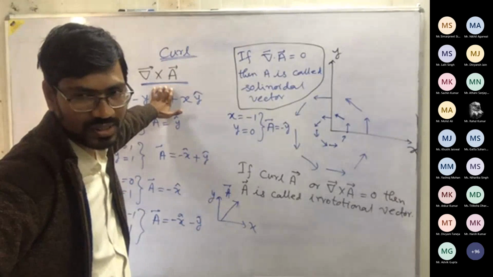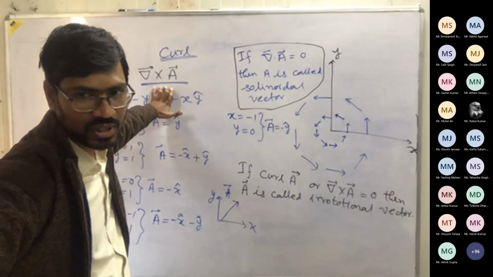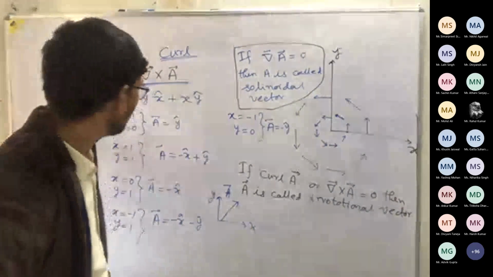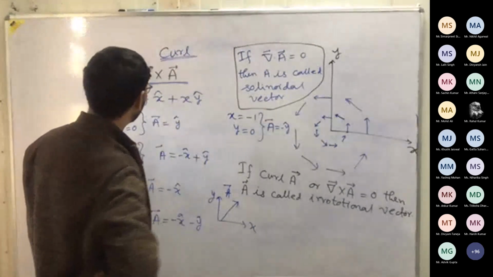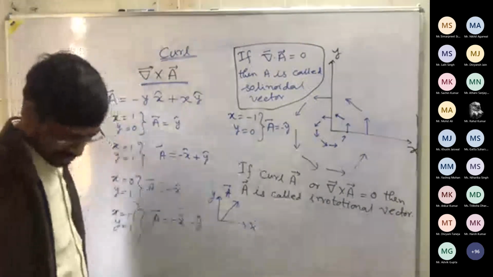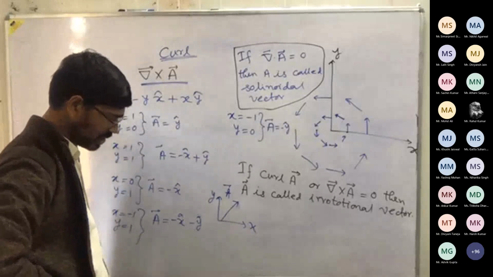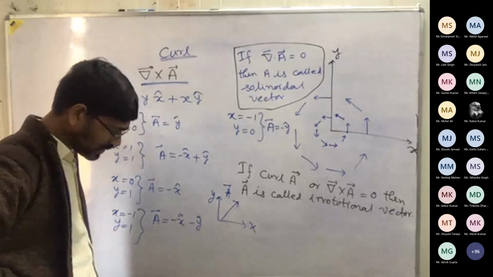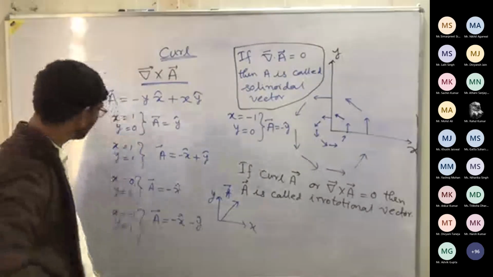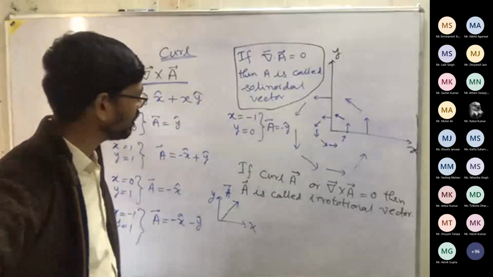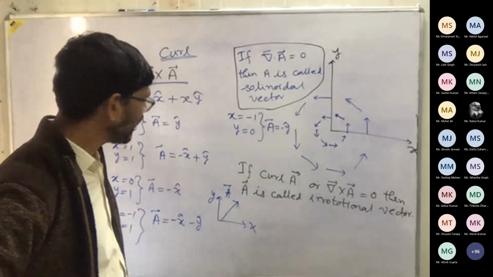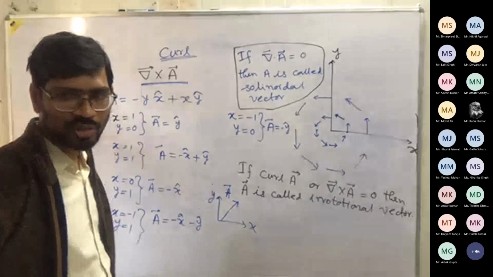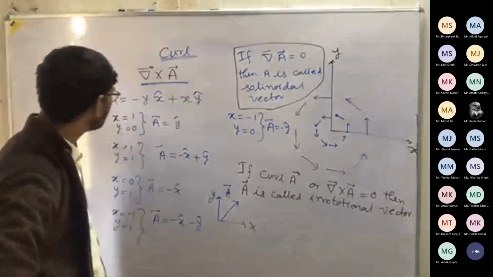Here the right hand thumb rule is not useful in a sense, because the right hand thumb rule we actually apply when you have two vectors, let's say A and B, and we use the cross product.